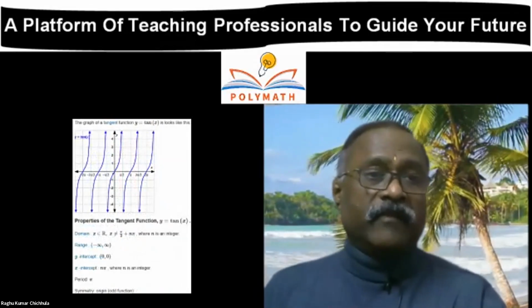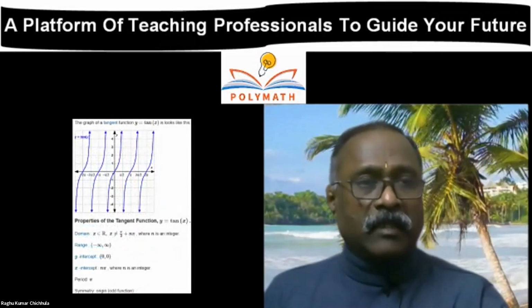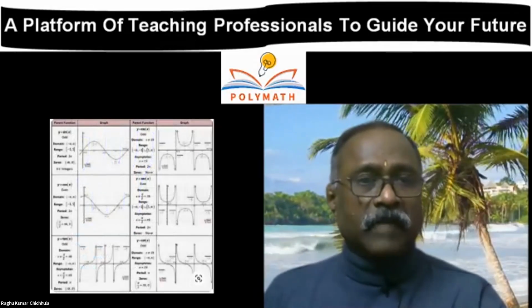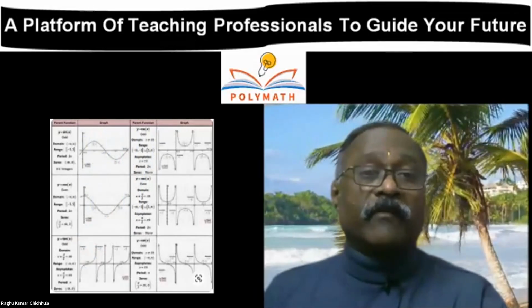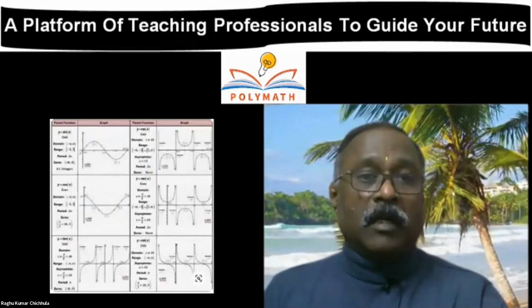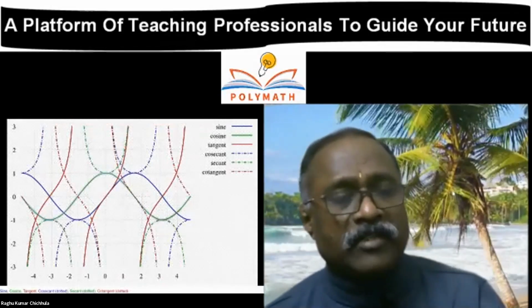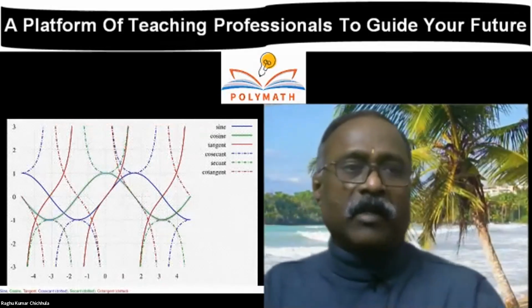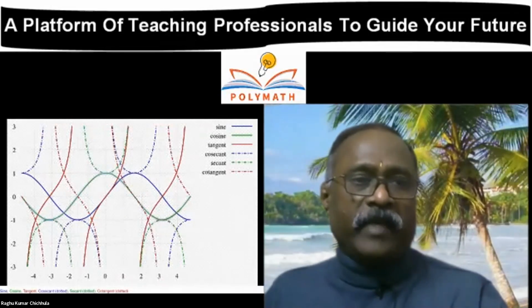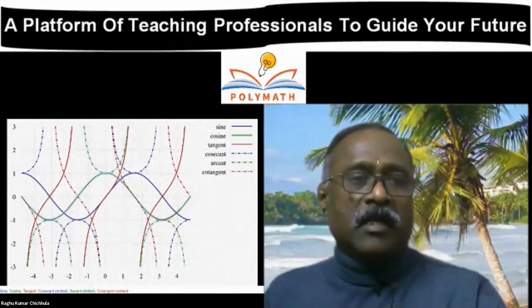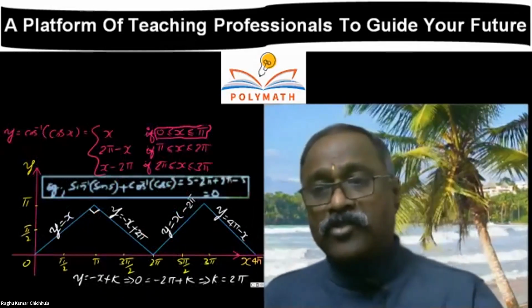Domain of the function is nothing but the input, whatever you give to the function. Even after you enter your engineering courses and higher level courses, the domain is said to be the input, and the range is said to be the output.